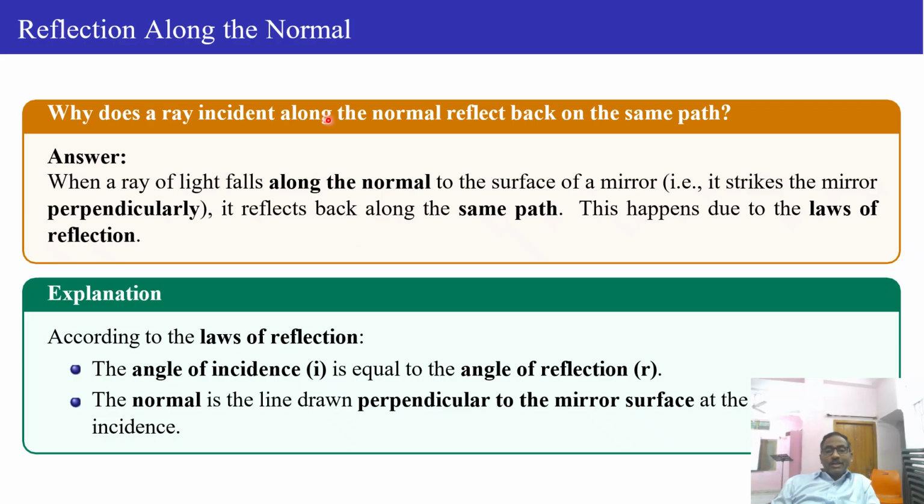Reflection along the normal. Why does a ray incident along the normal reflect back on the same path? When a ray of light falls along the normal to the surface of a mirror, it reflects back along the same path.